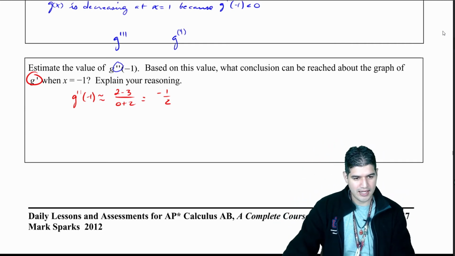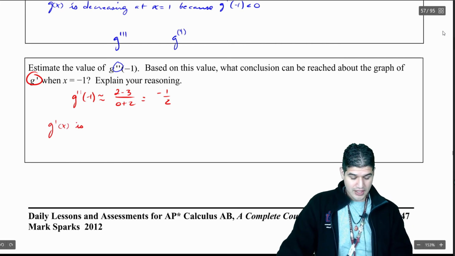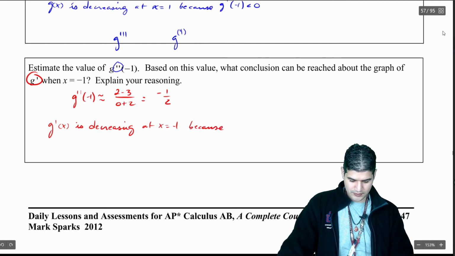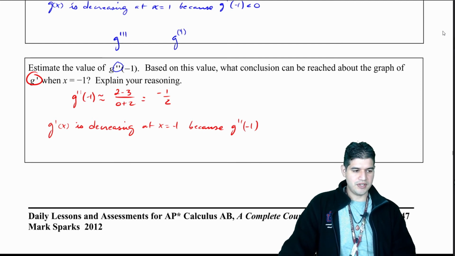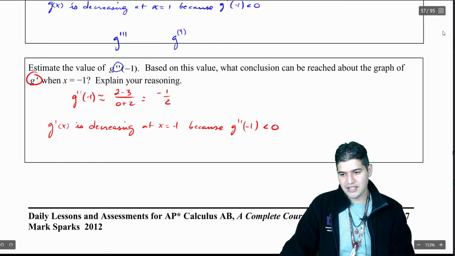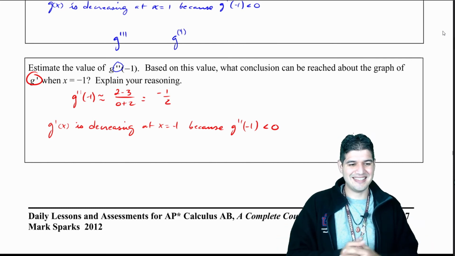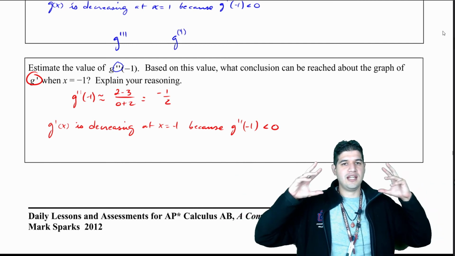So we know that g prime of x is, again, since it's negative, decreasing at x equals -1. And we know this because the second derivative g double prime of -1 is less than 0, is negative again. So we made a conclusion about the first derivative based off of analysis of the second derivative, okay? Again, no questions about the inverse function.